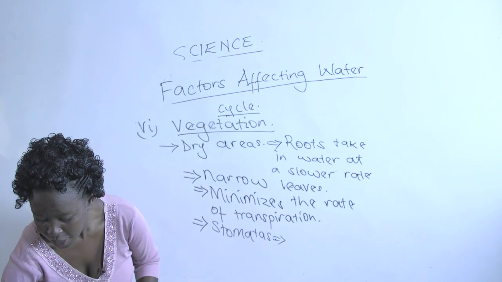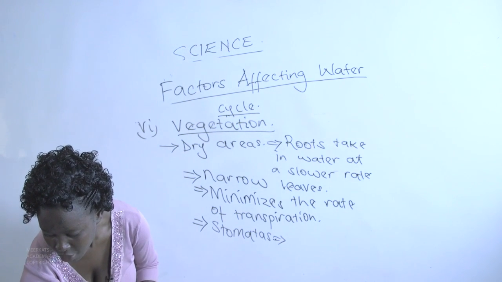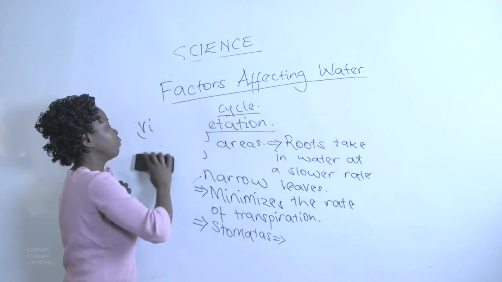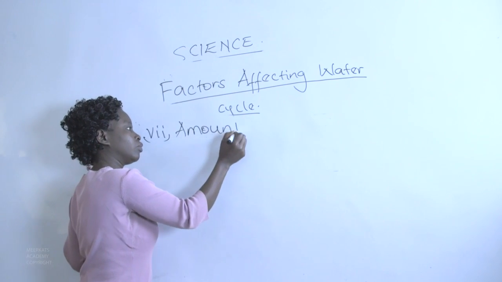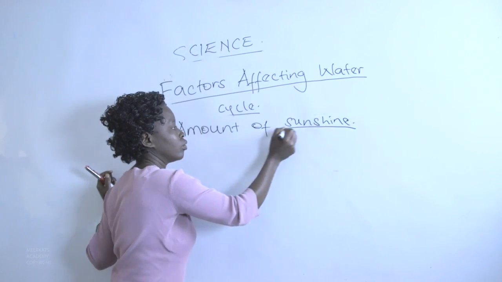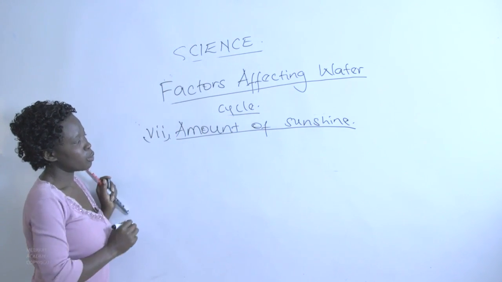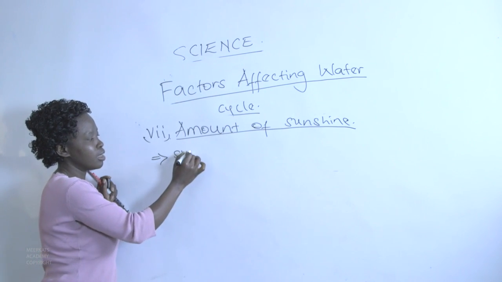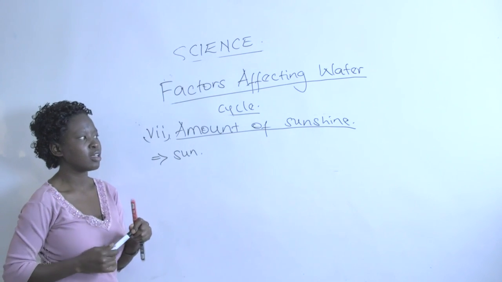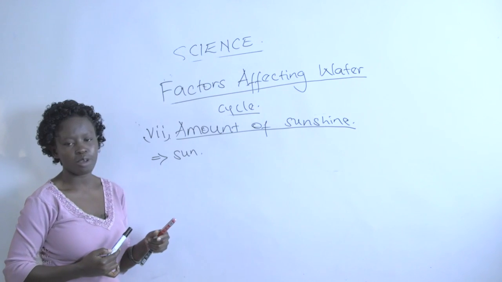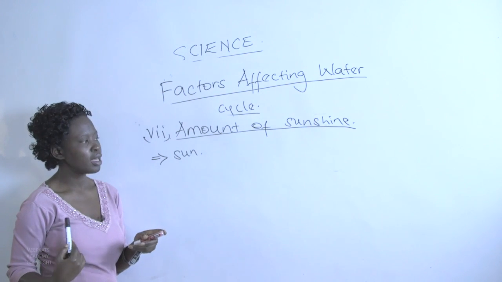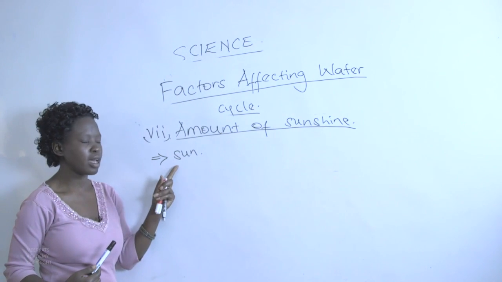Then finally, the last factor that affects the rate of transpiration is the amount of sunshine. When we were looking at the water cycle, we looked at the sun as the major source of heat on the Earth's surface. So the availability of sunshine will definitely affect the rate of evaporation and transpiration.